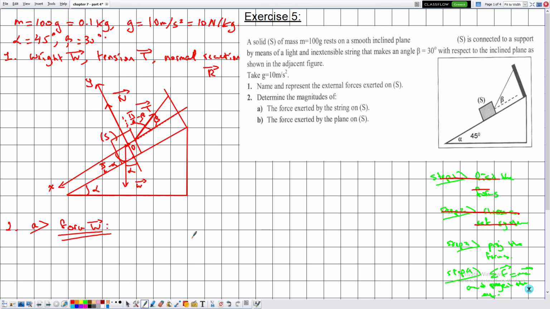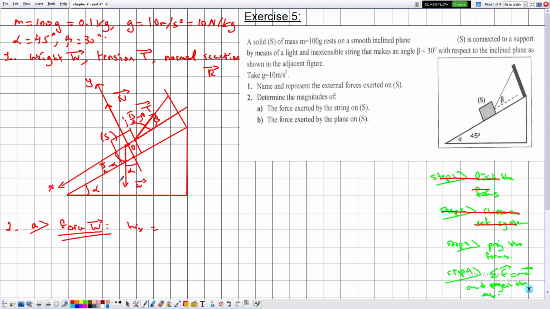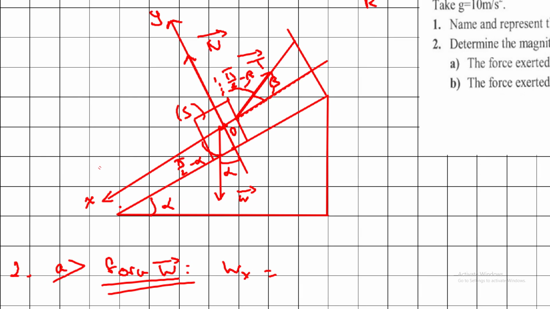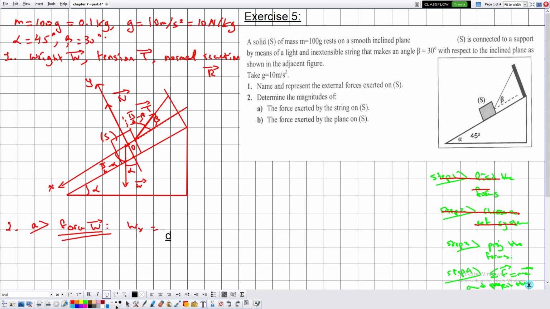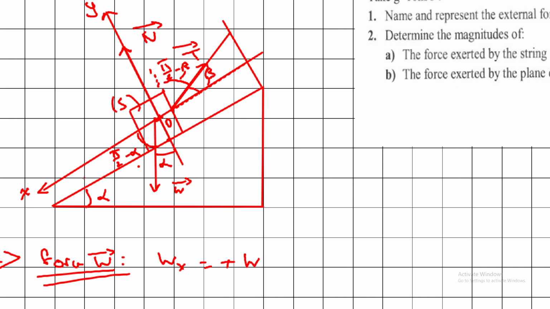So now we are ready to project. Notice that any vector A can be expressed as Ax multiplied by the unit vector i plus Ay multiplied by the unit vector j. Now we are determining the x component and the y component of all three forces. Wx is pointing in the same direction as the x-axis, so it's positive, and its magnitude is W multiplied by the cosine of the angle between W and the x-axis, which is pi by 2 minus alpha.